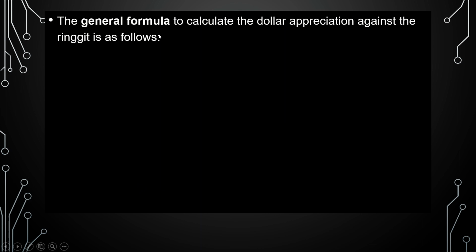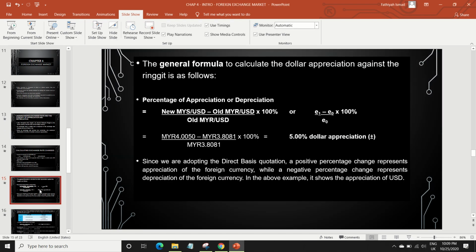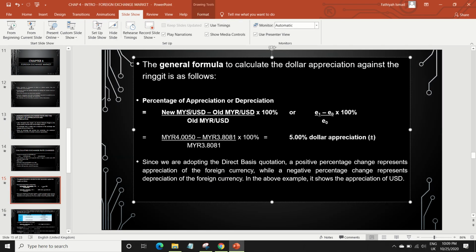The general formula to calculate the dollar appreciation against ringgit is as follows. To calculate the percentage of appreciation or depreciation, let me correct this first, I'm so sorry, this should be ringgit. Typo.